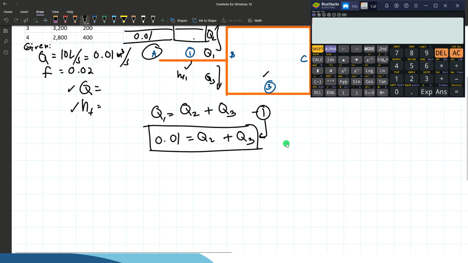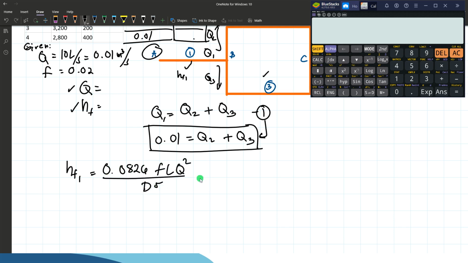So now we can use the frictional factor. HF of 1 equals, we have the given Q, 0.0826 F L Q squared over D raised to 5.